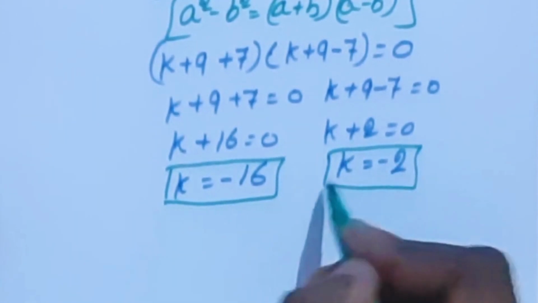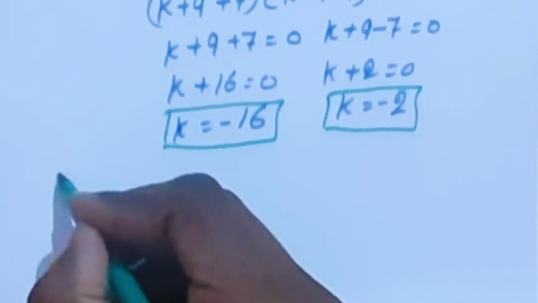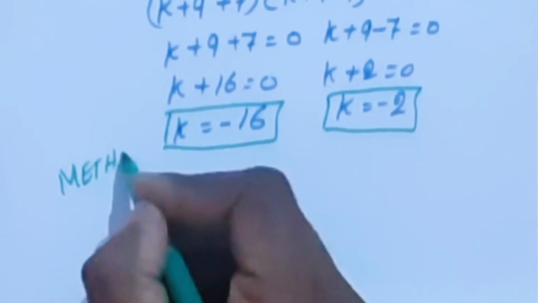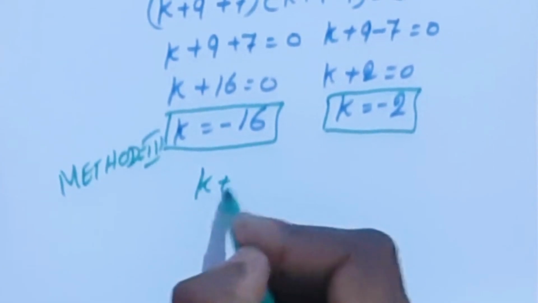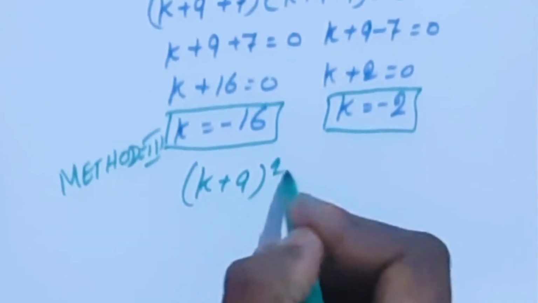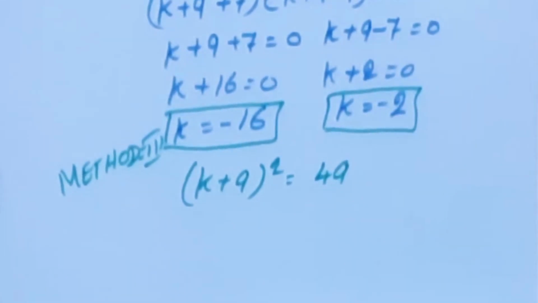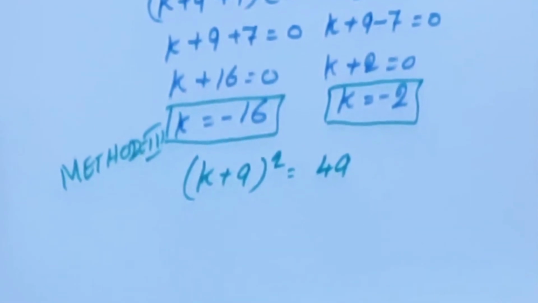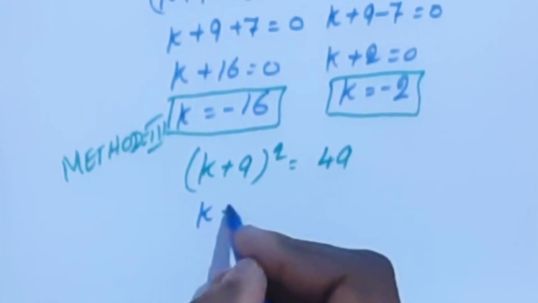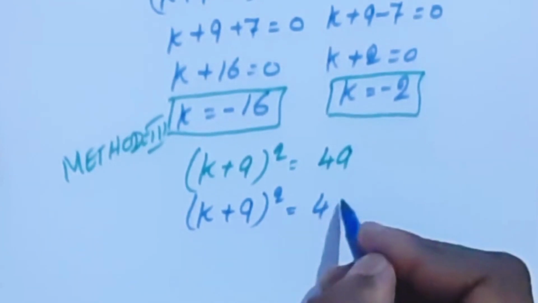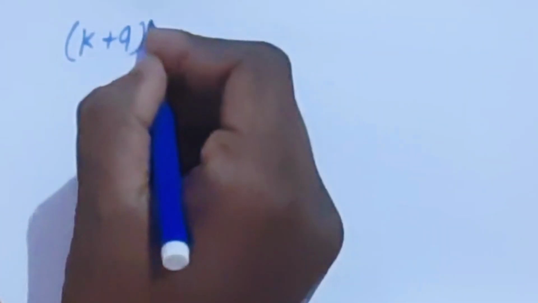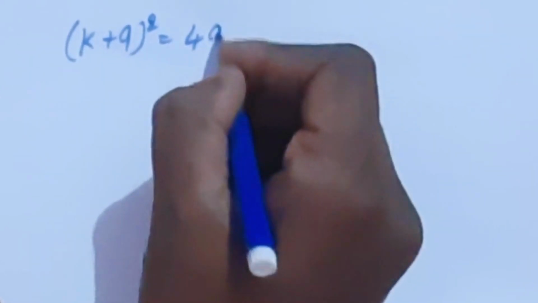Now we are going to try another method, method 3. Here the equation is (k + 9)^2 equal to 49.